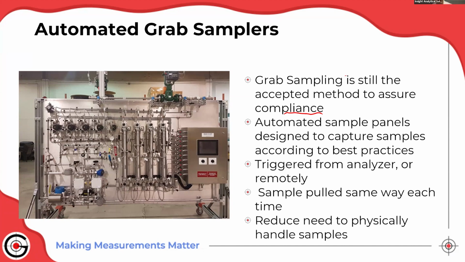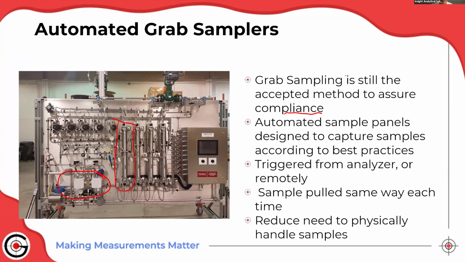So we've had clients come to us and say, can you build us automated grab samplers? We'll also put automated grab samplers in conjunction with analyzers. On this particular panel over here, we have a JP3 infrared cell, and it's measuring the properties of the crude oil. If it sees off-spec product, it can trigger and fill up one of these sampling cylinders.